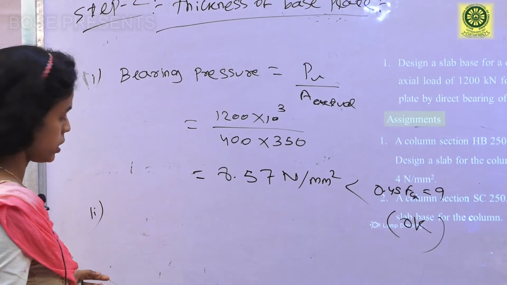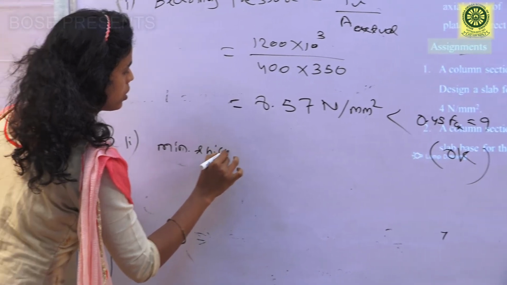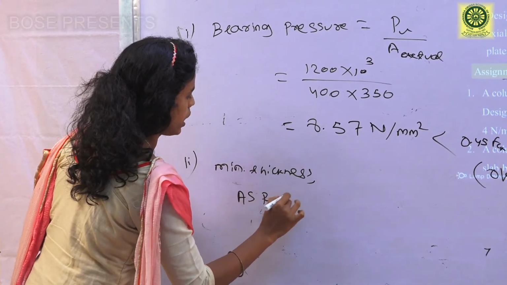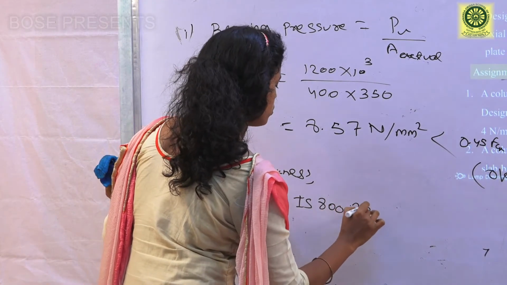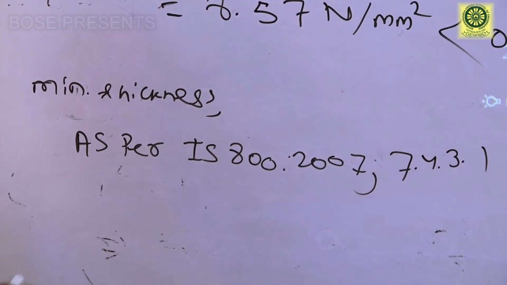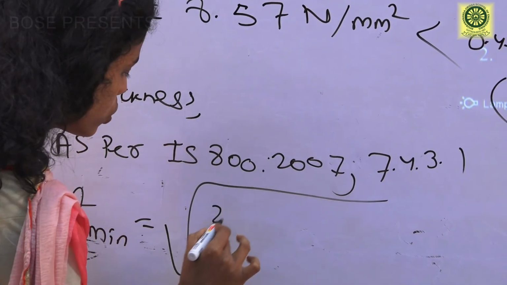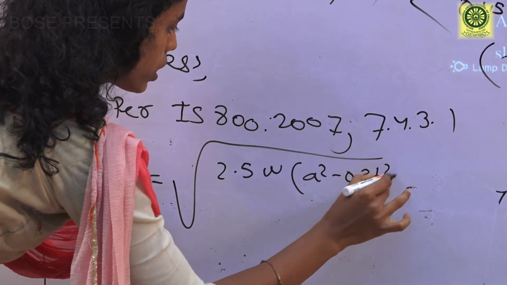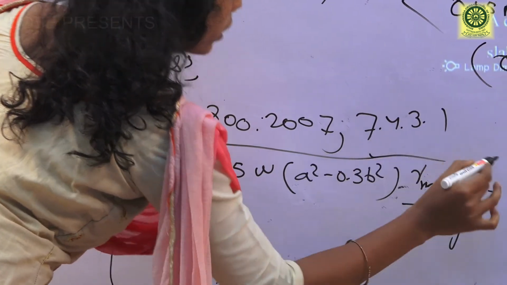Then the second point is thickness, minimum thickness. So the minimum thickness formula as per IS 800:2007 clause 7.4.3.1 is t minimum is equal to root over of 2.5 w (a square minus 0.3 b square) gamma m0 divided by fy.